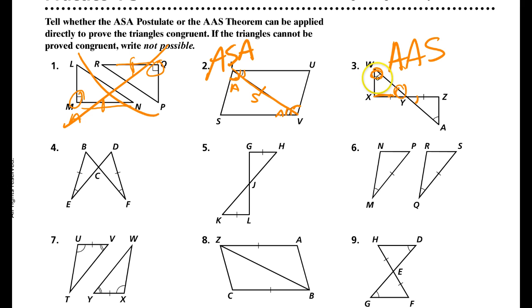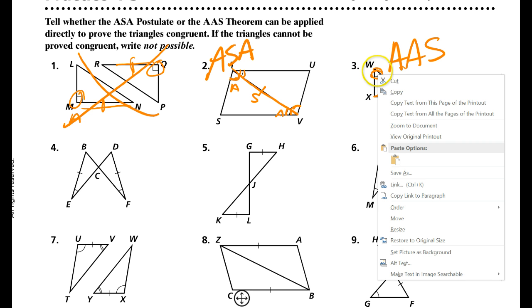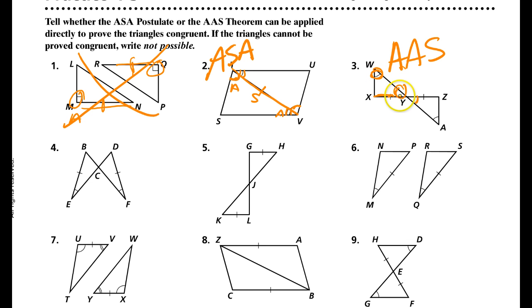So as I point to these things that I know for sure are congruent, and I say what they are, I know that this angle is congruent. Whoops. I know that this angle is congruent over here, and I know that this side is congruent over here. As I go around the perimeter and I say those things in that order, that is the triangle postulate or theorem that works.